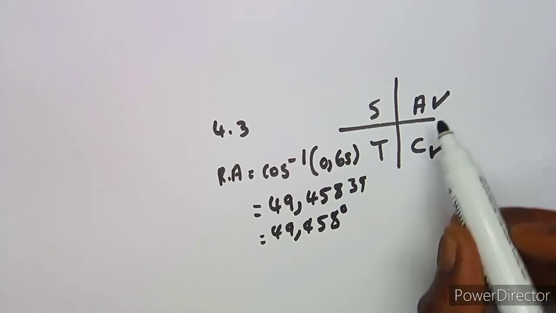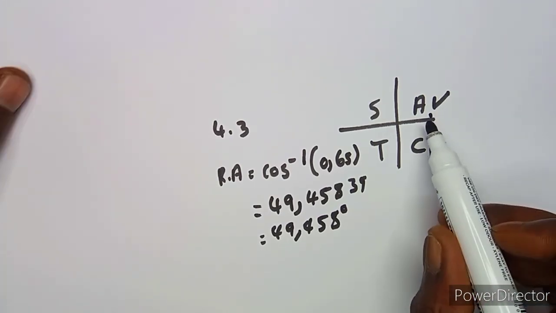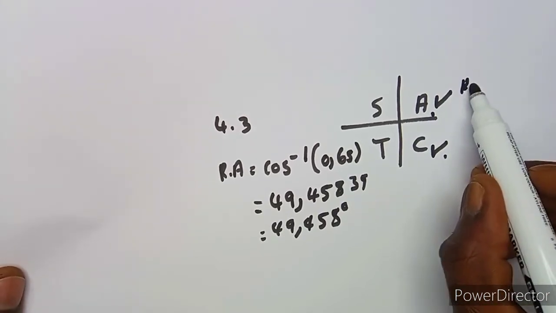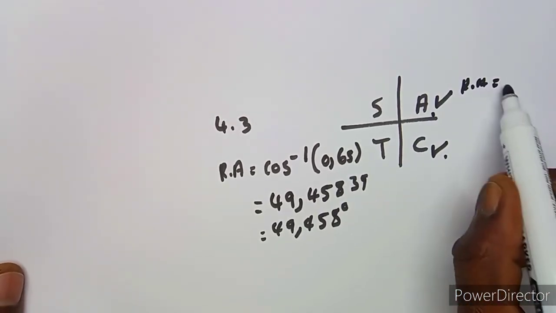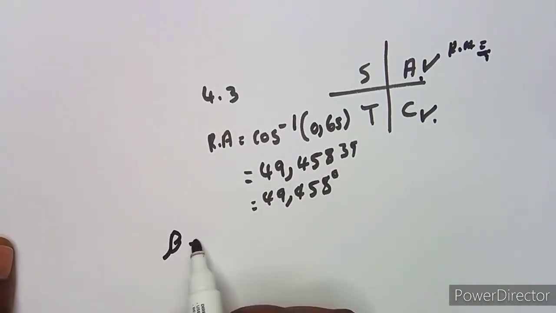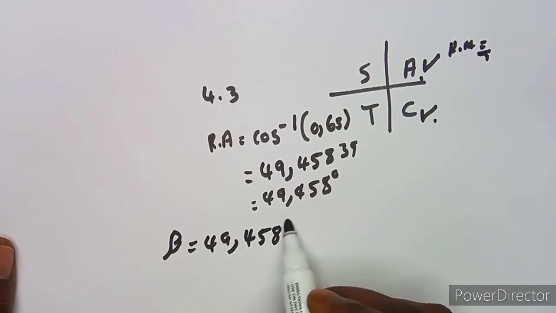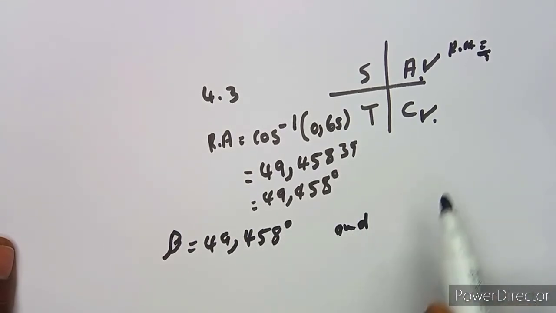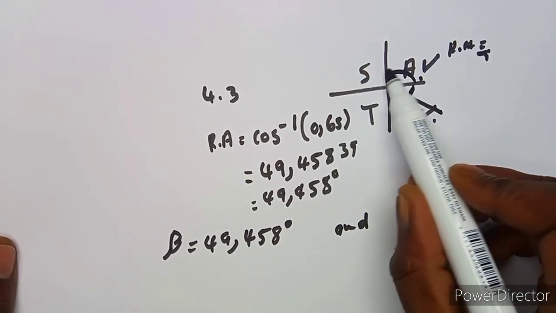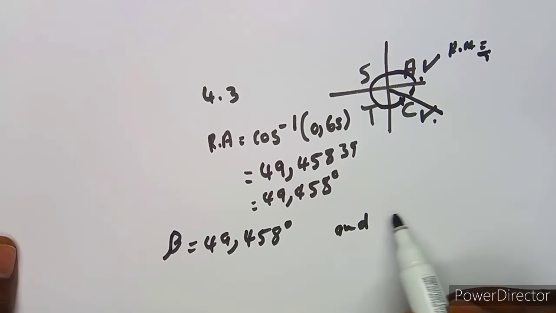Since the first angle is in the first quadrant, and remember what I told you, in the first quadrant the reference angle is equal to the angle. So that means our beta is going to be 49.458 degrees.